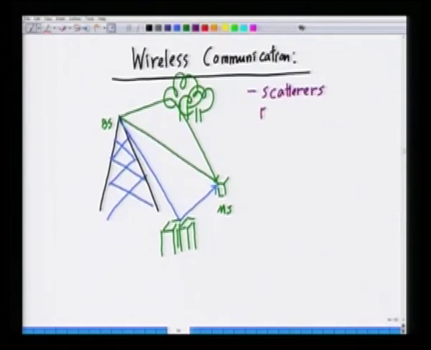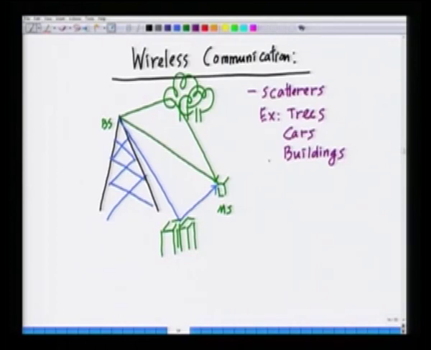These are typically large objects, such as trees, cars, vehicles, large buildings. In a rural scenario, it can also be objects such as large mountains, hillocks, and so on and so forth.